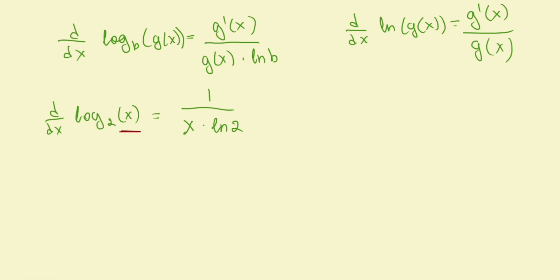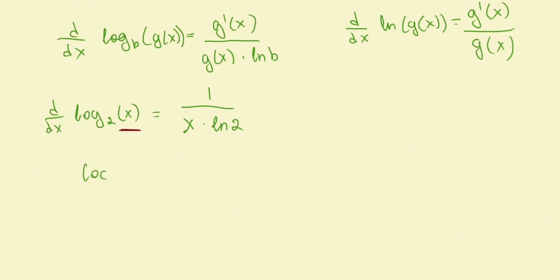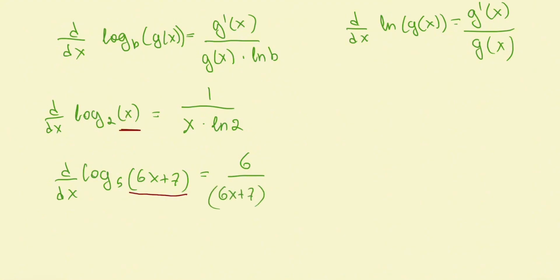Let's do another example. Let's do log of base 5 of 6x plus 7. The derivative of this would be the derivative of our g of x, which is 6x plus 7, and that's going to be 6 over 6x plus 7 times ln of 5.